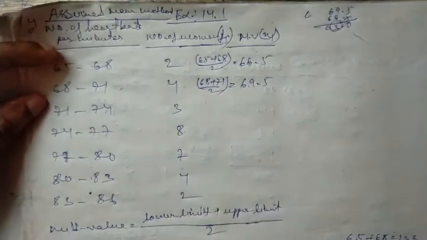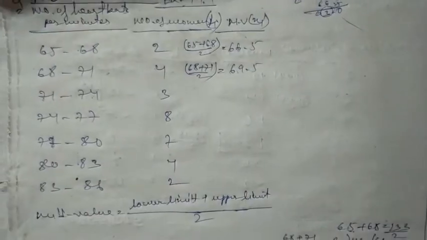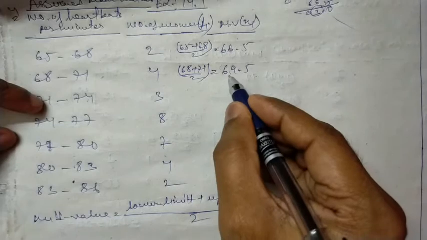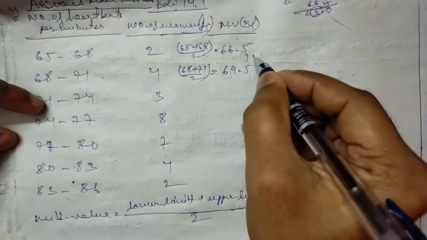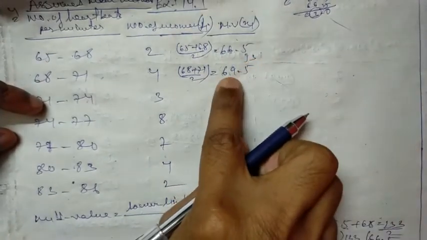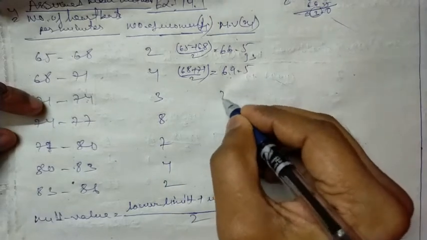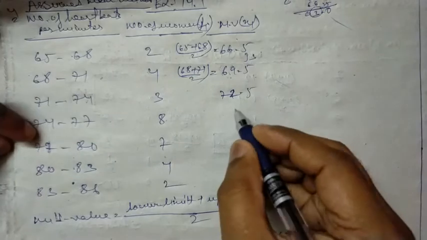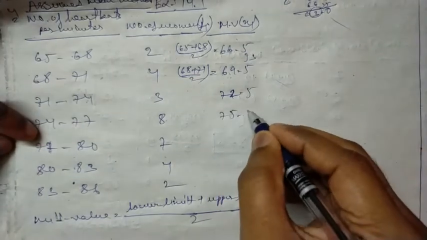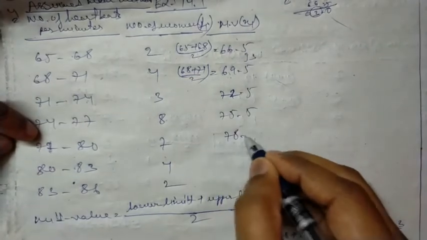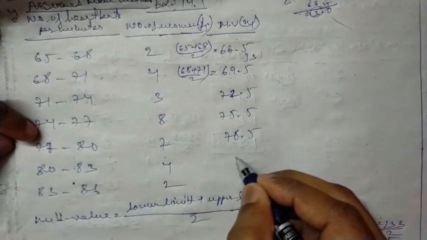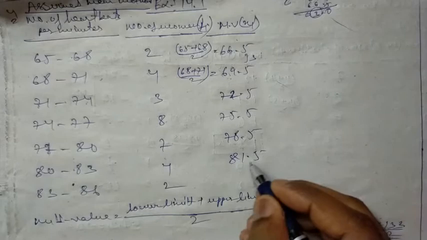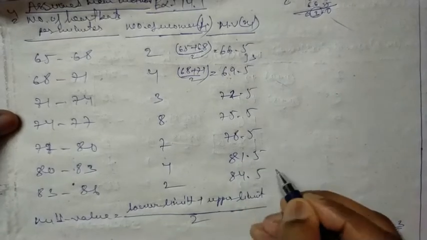What you have to do is just add 3 each time. If you add 3, you get 72.5, again 75.5, 78.5, 81.5 and 84.5.